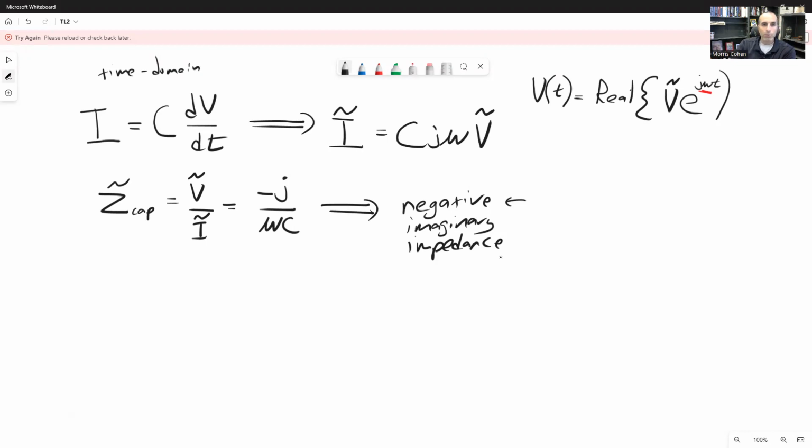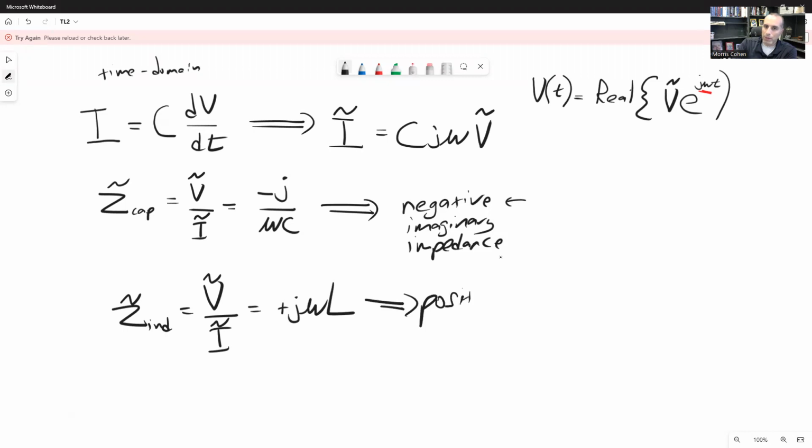But we can repeat the same process for an inductor and define an impedance of an inductor. This is the voltage as a phasor divided by the current as a phasor. And this works out to be positive j omega times the inductance L, or this is a positive imaginary impedance. So once again, an inductor can be thought of as an imaginary resistor, but it's a positive number.